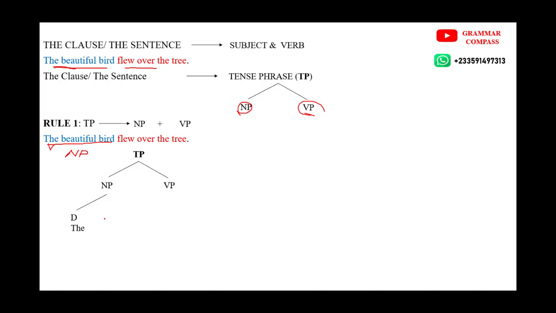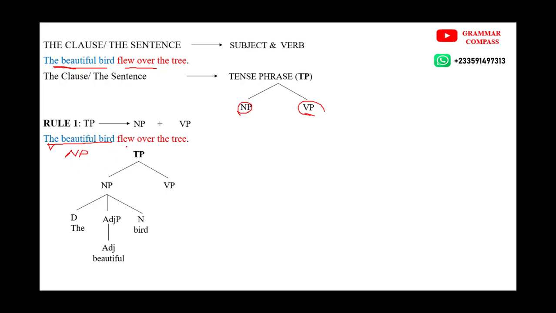So we will draw our vertical branch and then represent the adjective phrase. This adjective phrase consists of only one word adjective, that is beautiful. This noun phrase has the head bird. This noun phrase consists of the noun bird. We are done with the first part, that is the noun phrase part.